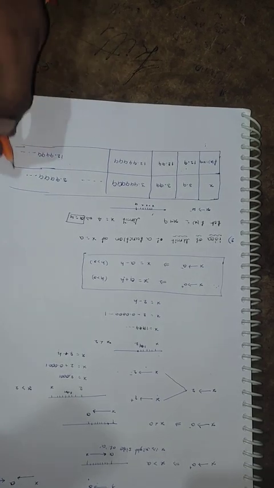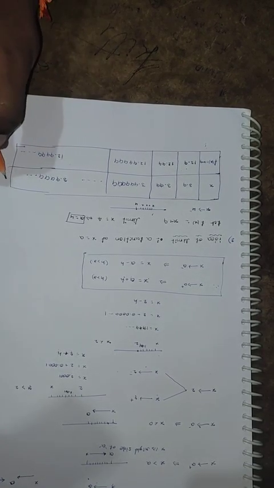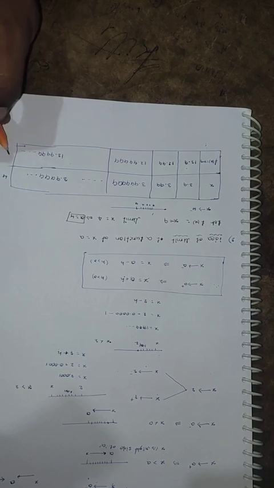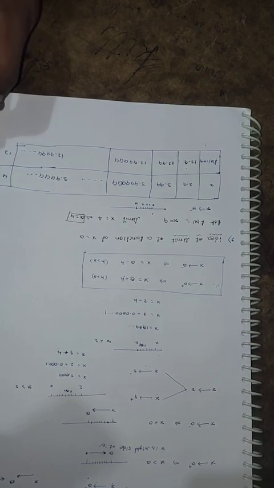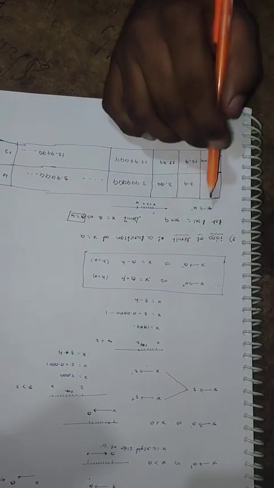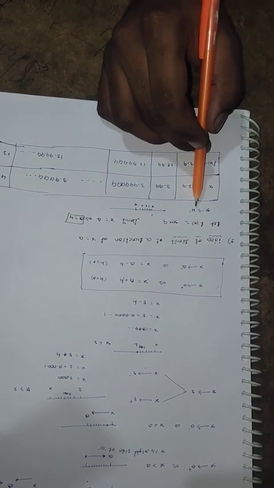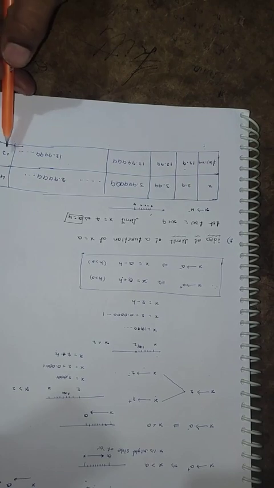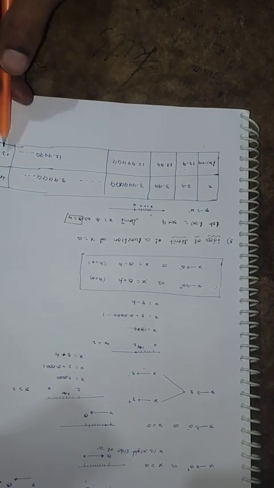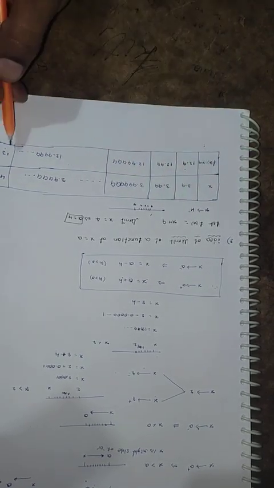Here x tends to 4, and definitely the result will go to 13. So if x approaches 4 from the left side, the result approaches 13 from the left side. This is the left approach.